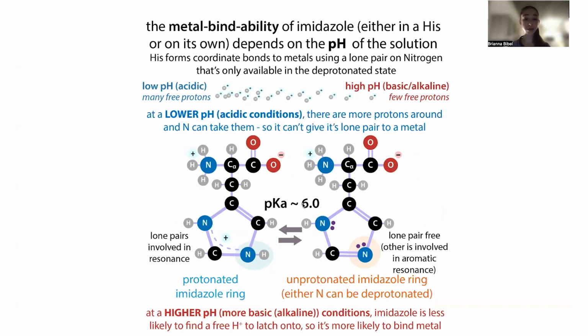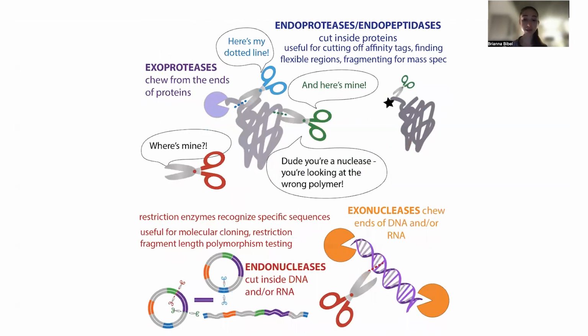So even if you had, say, 5% of it in this protonated form, that's still going to be significant enough to have important functions. And even if you have most of it in this deprotonated form, well, now it can serve important functions in this form as well. What's important is that it's able to go back and forth fairly easily in our bodies. And this can be useful in, say, the active site of enzymes.